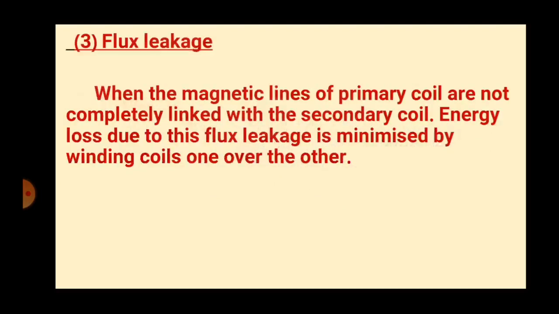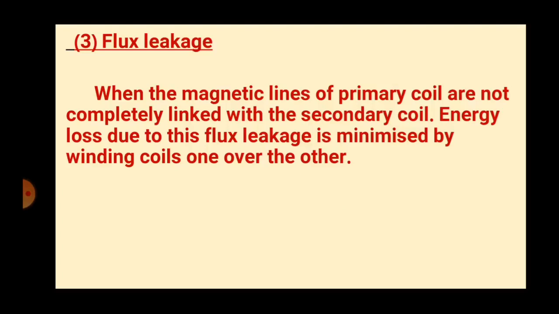Then the third factor, flux leakage. This is nothing but flux loss. The flux produced in the primary coil is not completely linked with the secondary coil due to leakage. Understand, students? The magnetic flux produced in the primary coil is not completely linked with the secondary coil due to leakage.